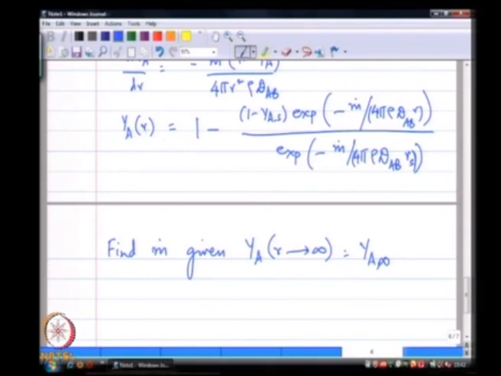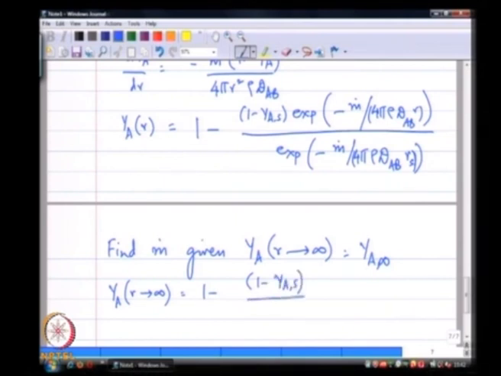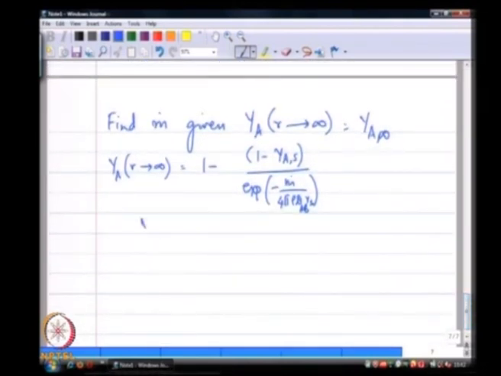So, y a at r tending to infinity is 1 minus ... D A B R s, and I know this is equal to y a infinity, if I rearrange a few things.